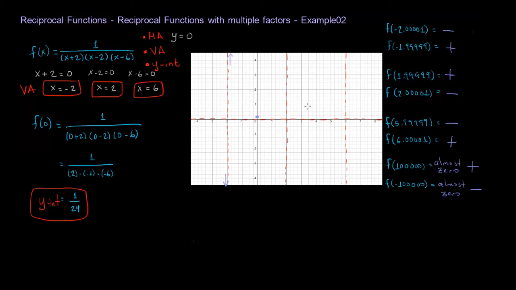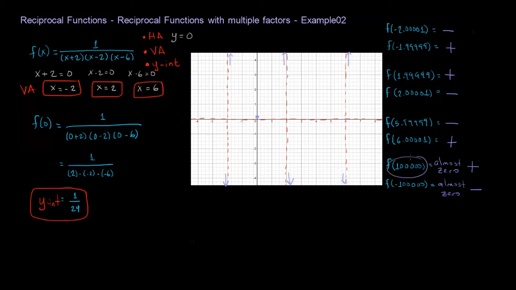With the 2, if you approach with a value slightly smaller than 2, you get a super big positive number. Slightly after the 2, you get a super big negative number, which is this here. With the 6, slightly before the 6, you get a super big negative number here. After the 6, you get super big positive.